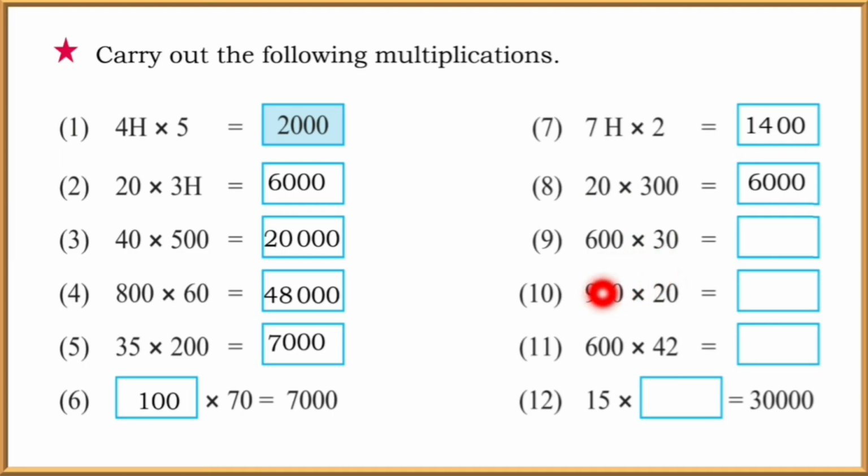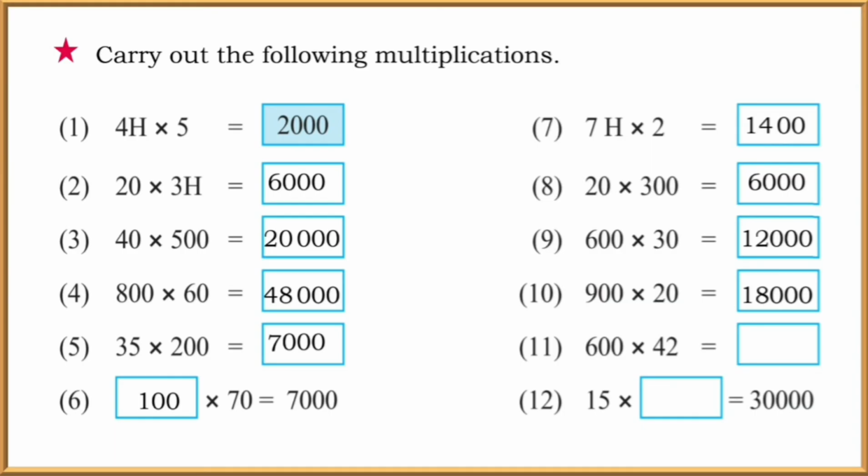So 3 6s are 18, 2 zeros from 600 and 1 zero from 30. So 600 multiplied by 30 is equal to 18,000. Now 900 multiply by 20. So 9 2s are 18 and 2 zeros from 900 and 1 zero from 20.